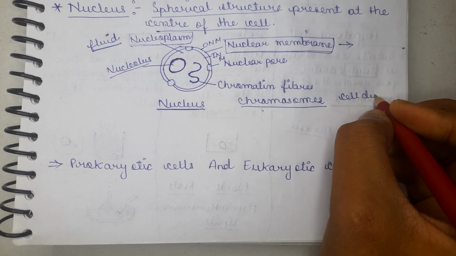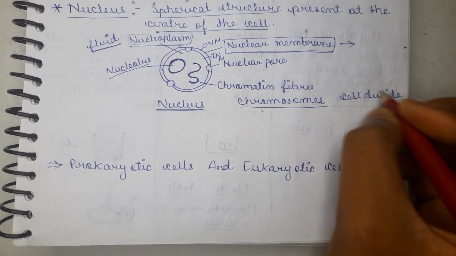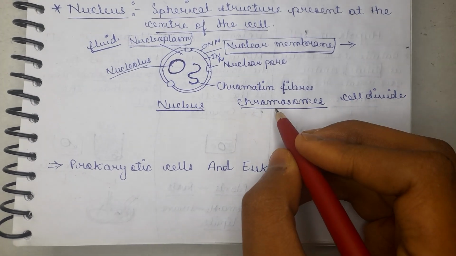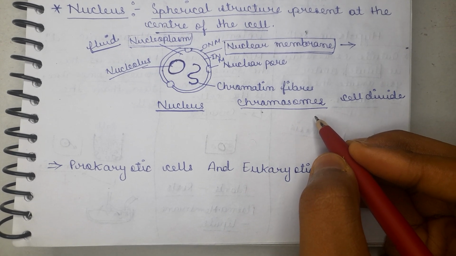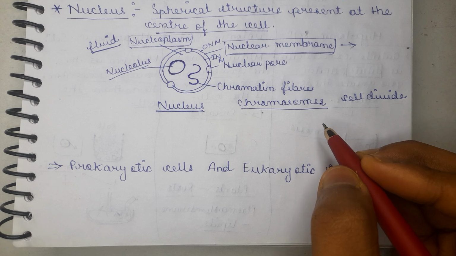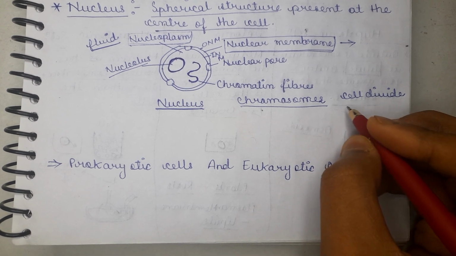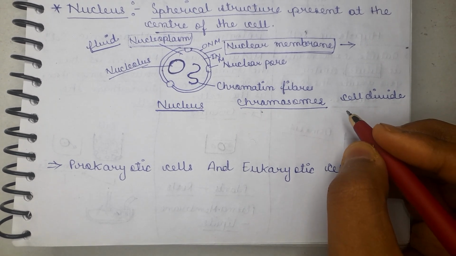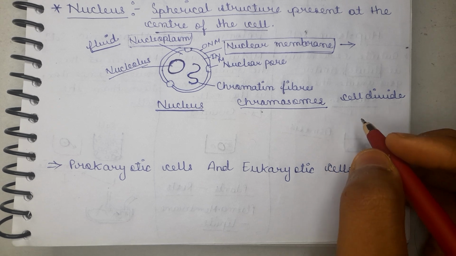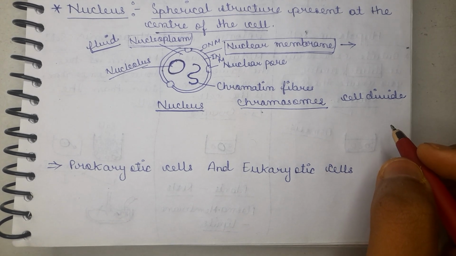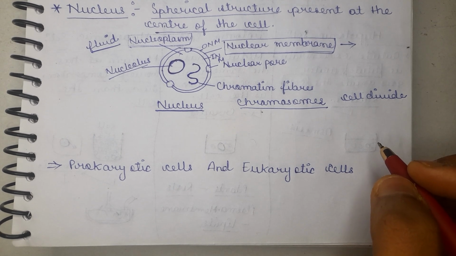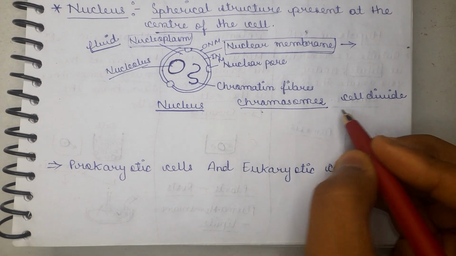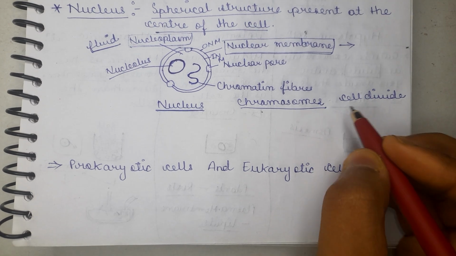When the cell divides, chromosomes help the cell to pass features from the parents to the new nuclei. For example, we get the same nose as our father has, as our mother has. Like this we all get some features of our parents.